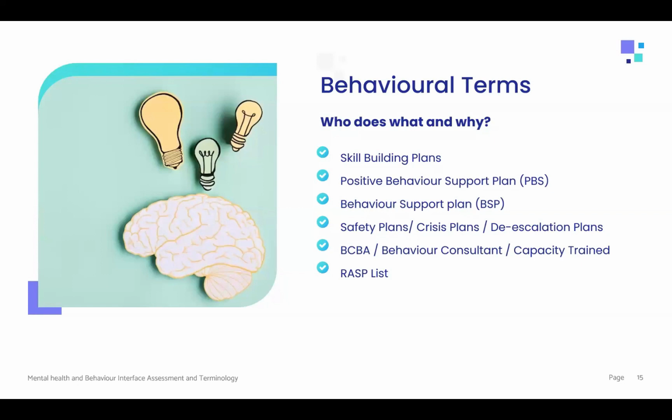Positive behavior support plans. This terminology is used by a philosophy of applied behavior analysis called, shockingly, positive behavior supports, which focuses on the overall quality of life and the social context in which behavior occurs. Again, in my opinion, a positive behavior support plan and a behavior support plan are equivalent. They're just called different things.